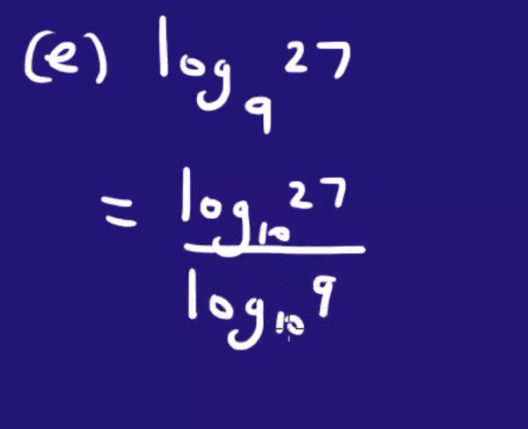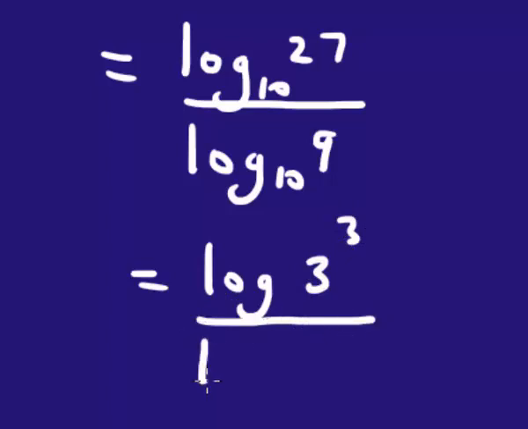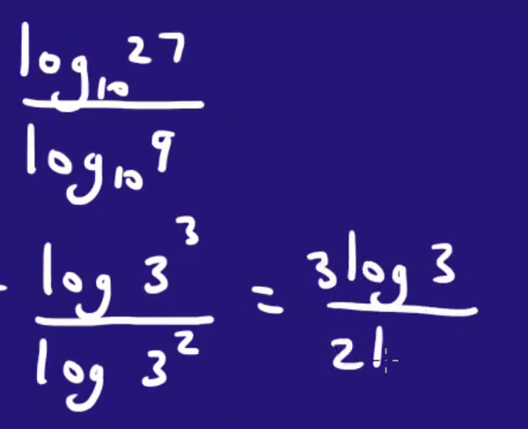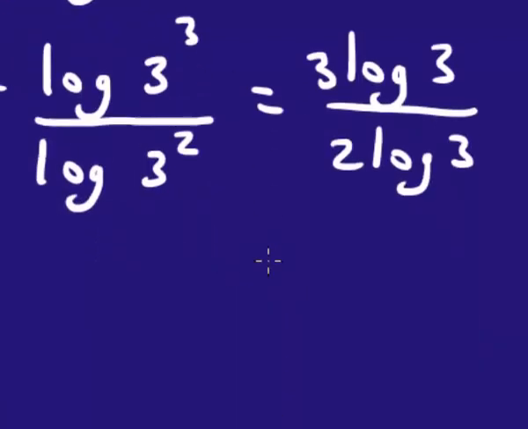That's always your easiest bet. Log 27 is 3 cubed, and 9 is 3 squared. So if you bring the 3 down, 3 log 3 divided by 2 log 3, the log 3's cancel, and you're left with 3 over 2.